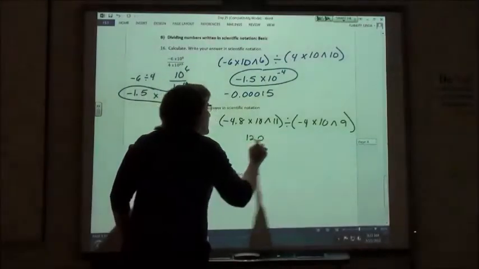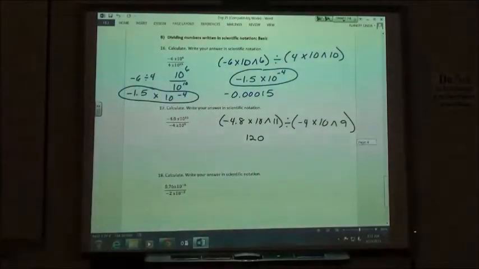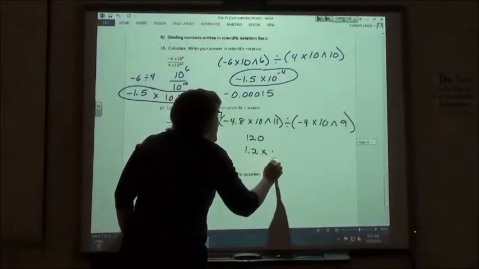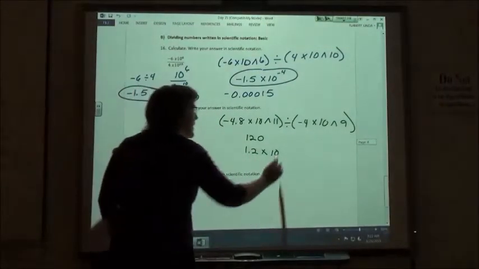And so putting that into scientific notation, I would use 1.2 times 10 to the second power.